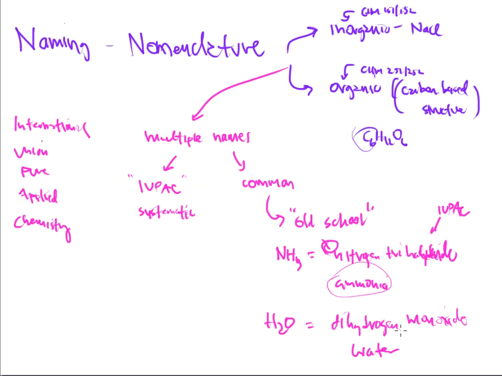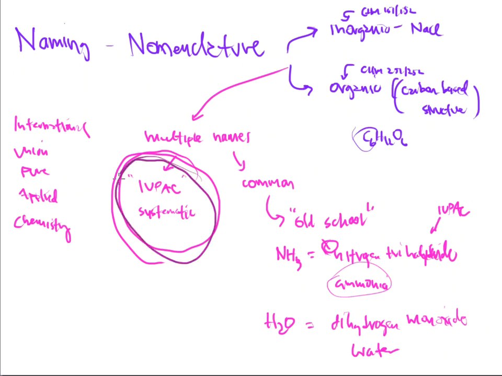So what do we use? What we have been told to share with you is that when we talk about naming and looking compounds up in a reference book, we should encourage you by default to go and look at the IUPAC or systematic name.